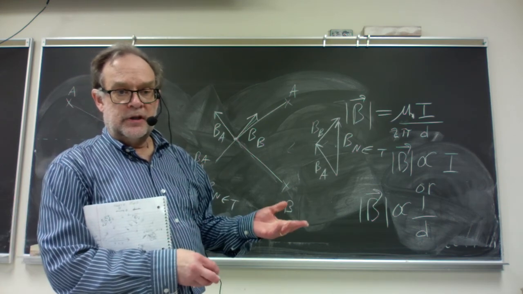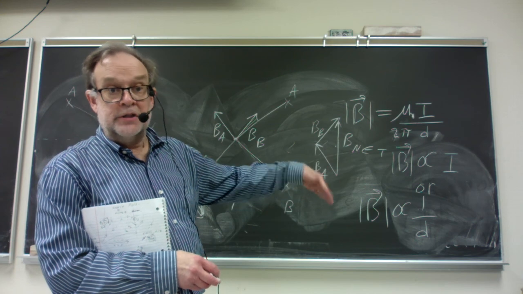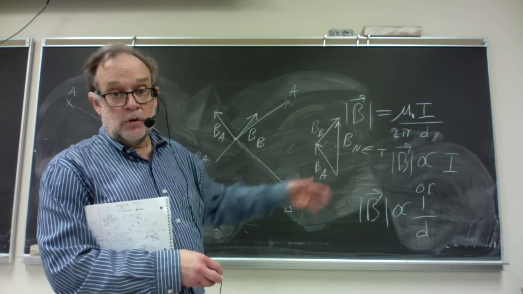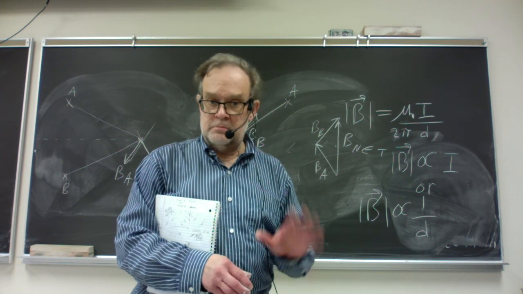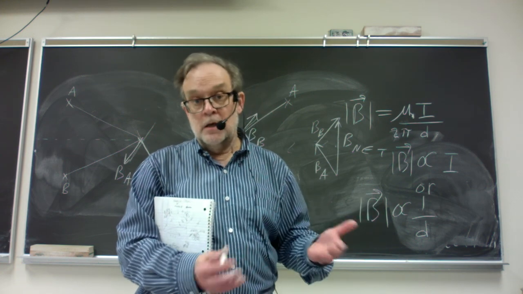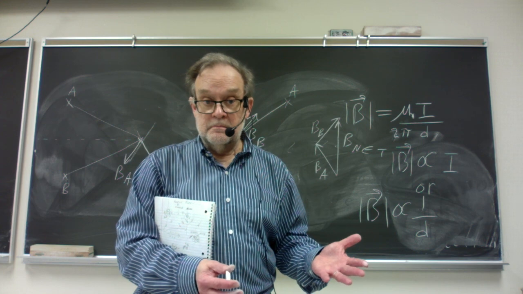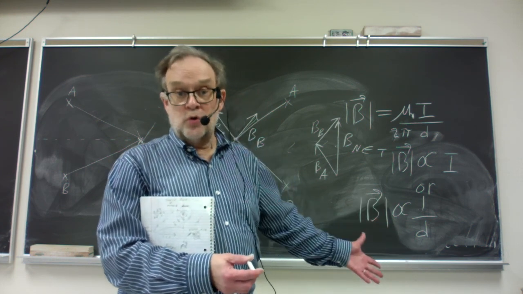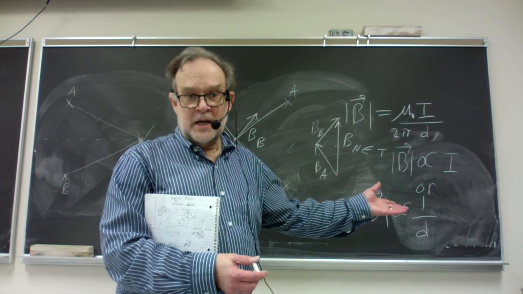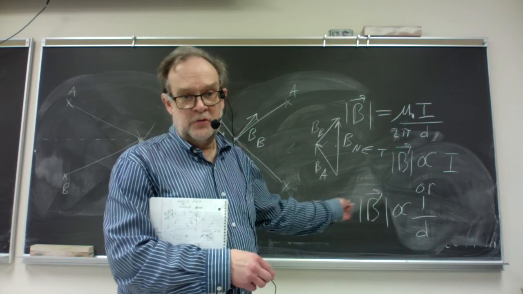The magnitude of the electric field was inversely proportional to distance squared. Here, the magnitude of magnetic field is inversely proportional to just distance to the first power. But in both cases, the field gets weaker as you go farther away, because there's some kind of inverse proportionality between field and distance.